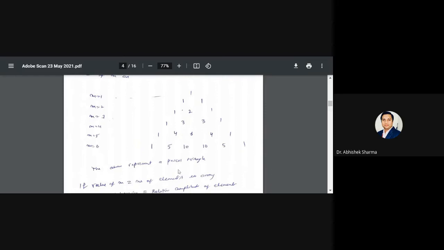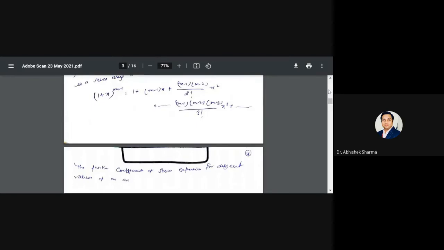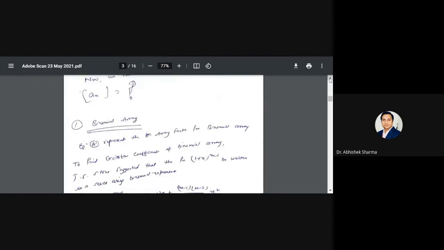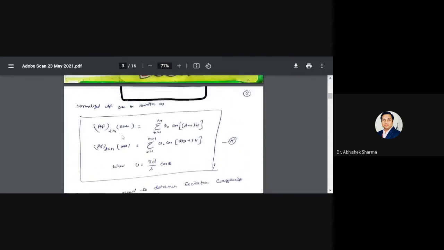The center two elements will represent your a1 value. Then on the left hand side or the right hand side, you will get a2, a3, a4 up to an values. So put those values into this array factor.